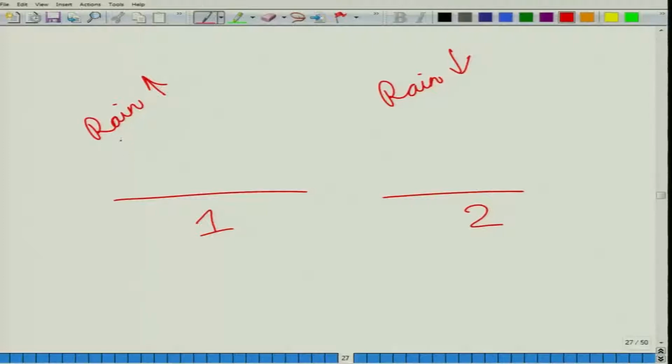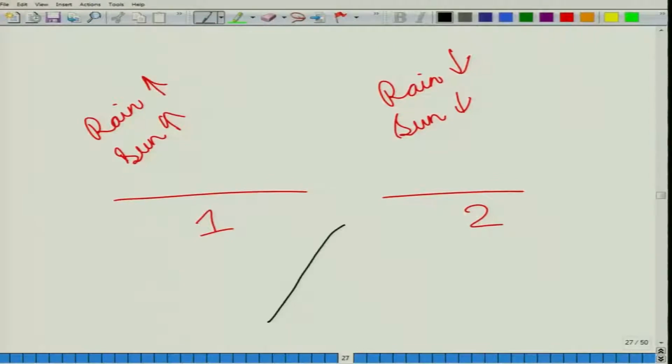Similarly, suppose you have two sites with the very same soil and the very same amount of rain, but one site receives a lot of sun, whereas the other site receives very little sun. For instance, these are two sites on two different sides or aspects of a hill. Suppose this is the southern side.